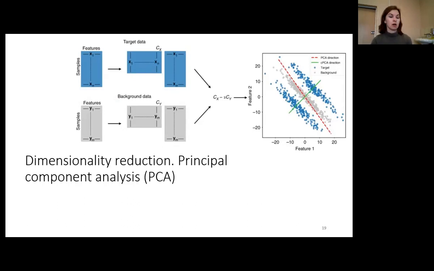We may use dimensionality reduction techniques. There are a lot of ways to reduce the dimensionality, and one of them, principal component analysis, is the simplest and the most popular way to decrease the number of features in your data set.